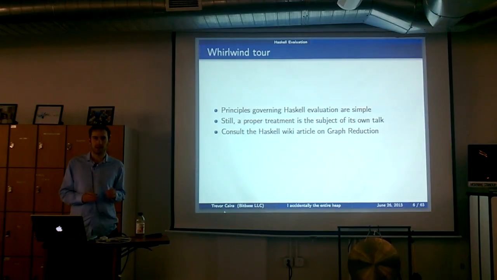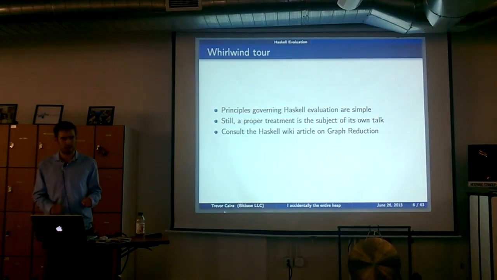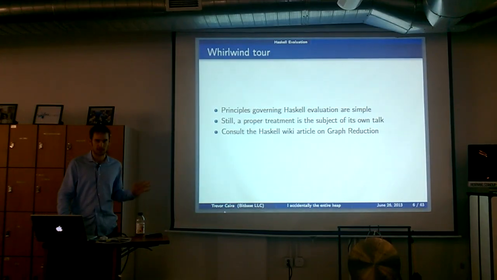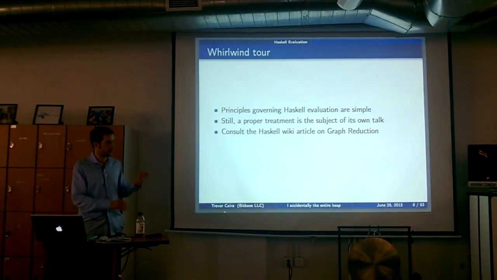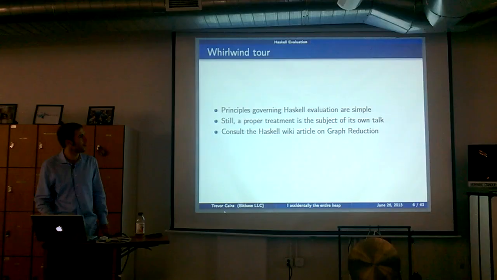In theory, it's very simple to capture all the principles that govern Haskell evaluation and its non-strict semantics. I could write a very small number of mathematical symbols to describe all of that in a way that I would not be able to understand.